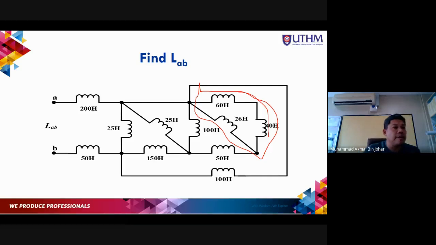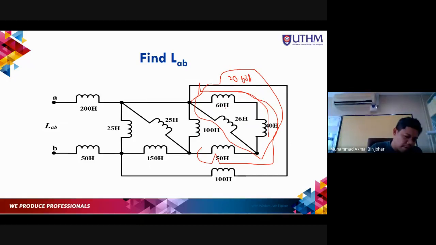Okay, so this will give us 20.63 Henry. So 20.63 will add in series with 50 ohms, 50 Henry here. Okay. So that will become 70.63. So that 70.63 will parallel with 100 Henry.